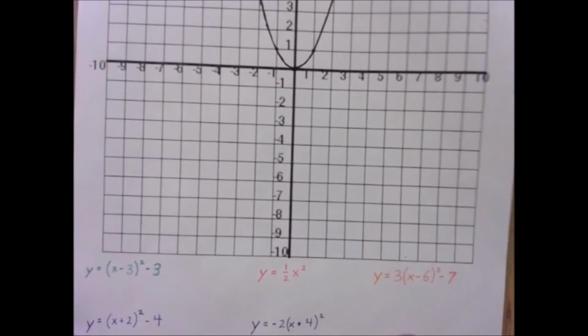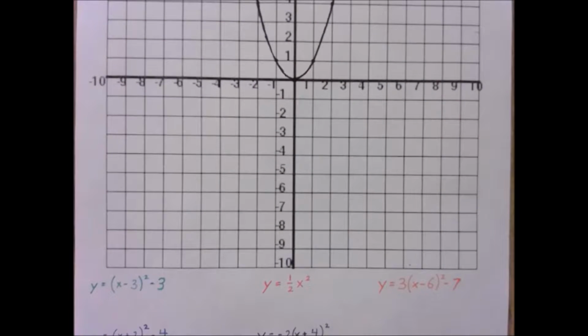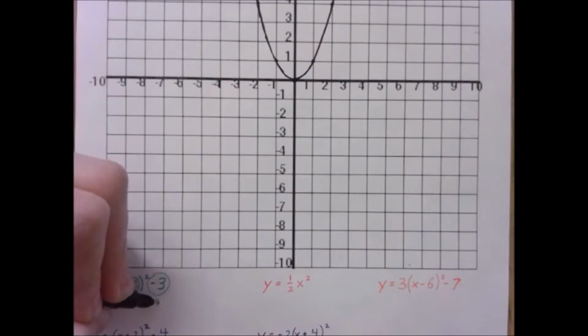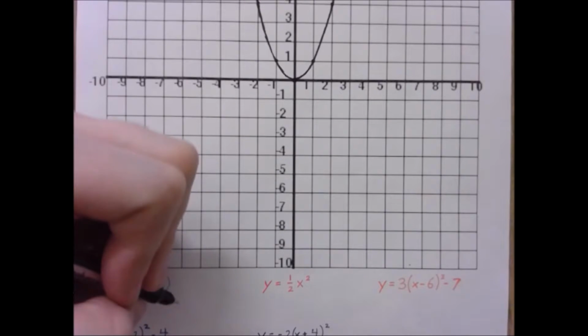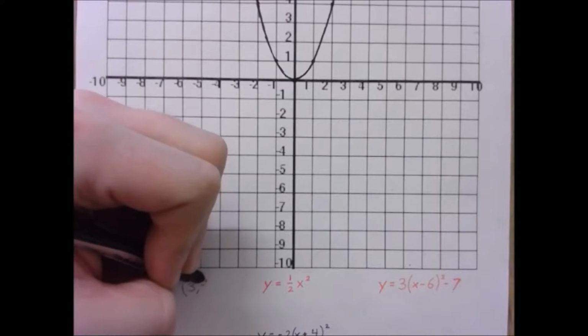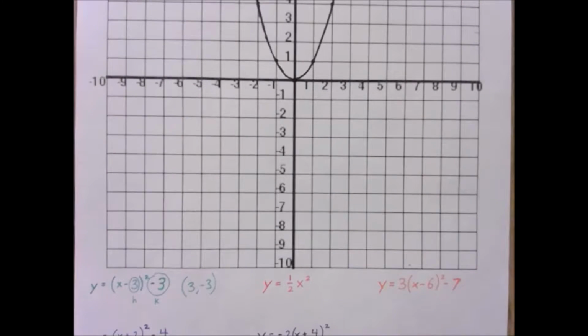So I'll start with the green one. y equals x minus 3 squared minus 3. So in here I have my h and my k, which means my vertex is going to be at point (3, negative 3). So let's find that.